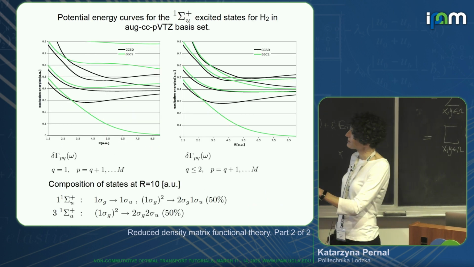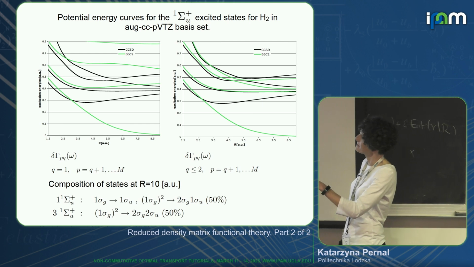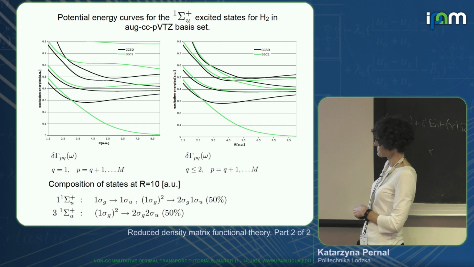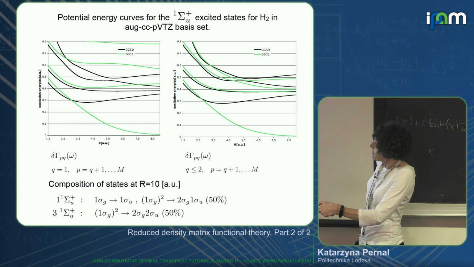On those plots, we have both the effect of using an approximate functional and the adiabatic approximation on top of it, both together. And the results are much worse.